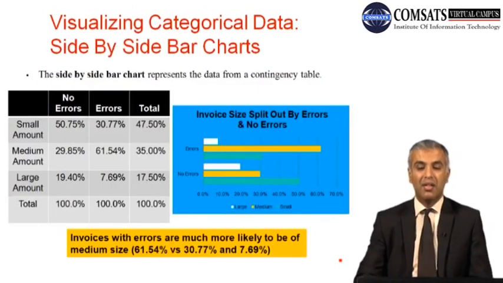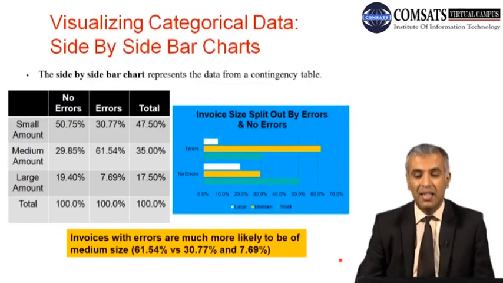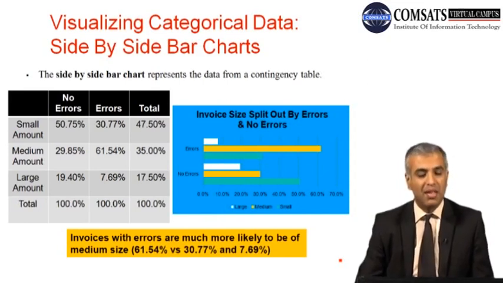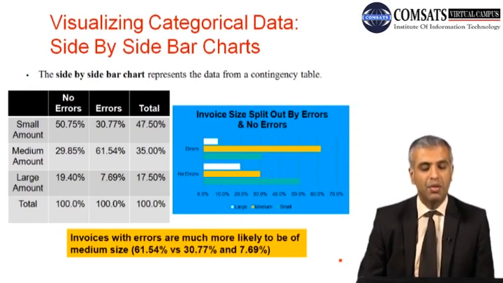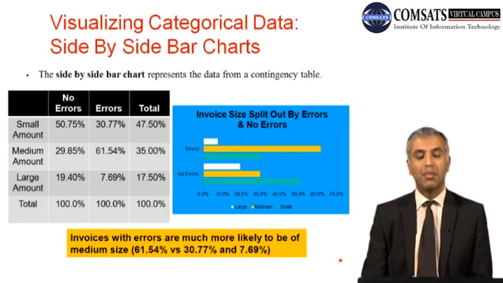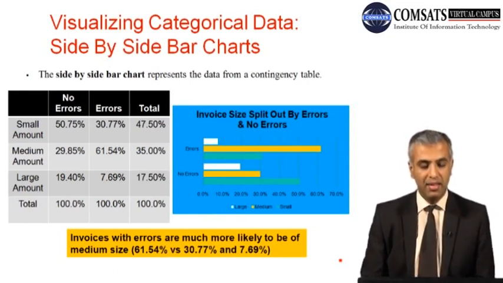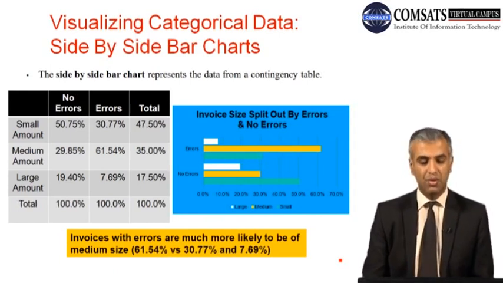Then here we have a contingency table, and you can see this table presents the same information which we discussed before, in which two variables, the amount and the errors, are presented in columns and rows.